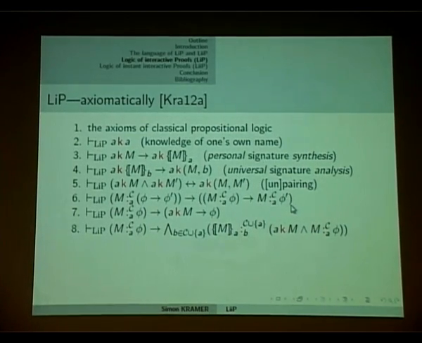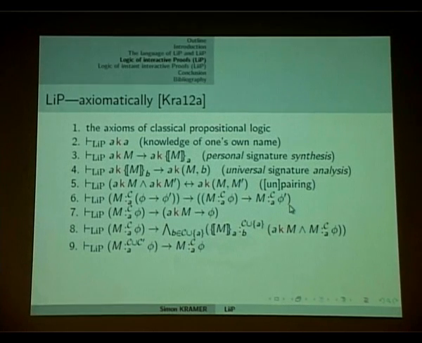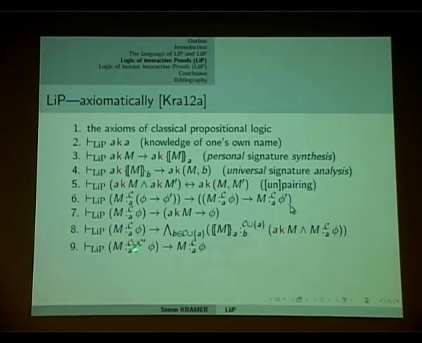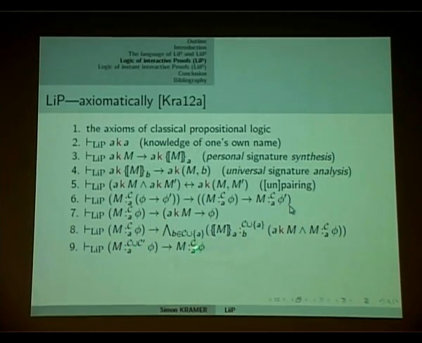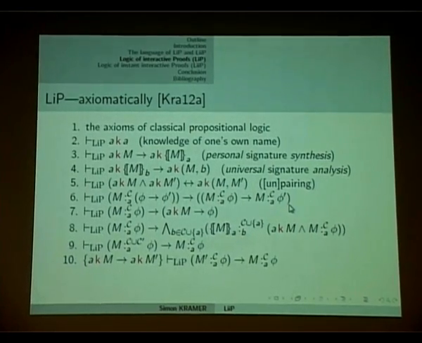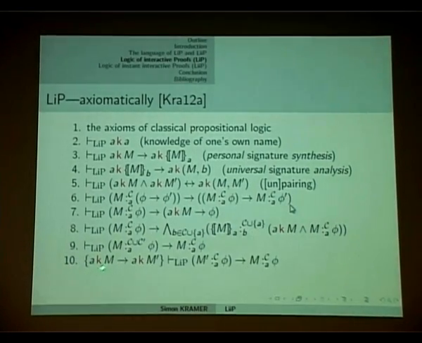So if M can prove phi to A, and this is common knowledge in the community C union C prime, then of course it's also common knowledge in that logic, in the smaller community, right? This is an important axiom.